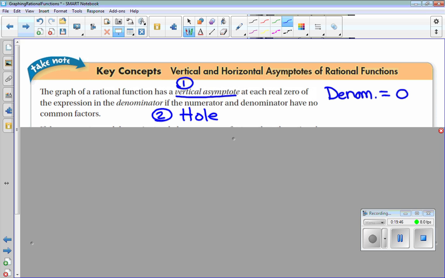And that is where a factor on the top and a factor on the bottom cancel each other out. Okay, a factor in the numerator and the same exact factor in the denominator. That's where you have a hole, and we'll look at where that happens in a few minutes.